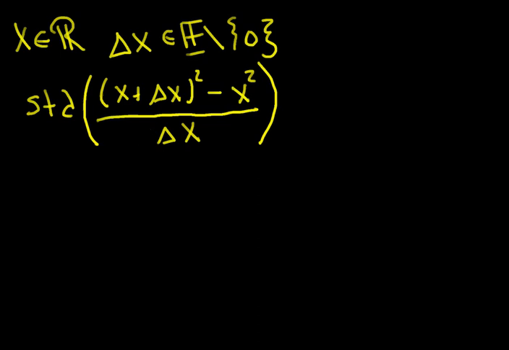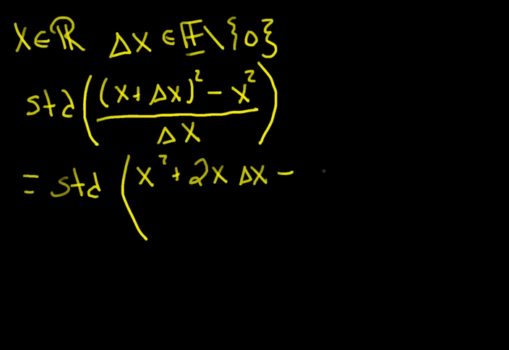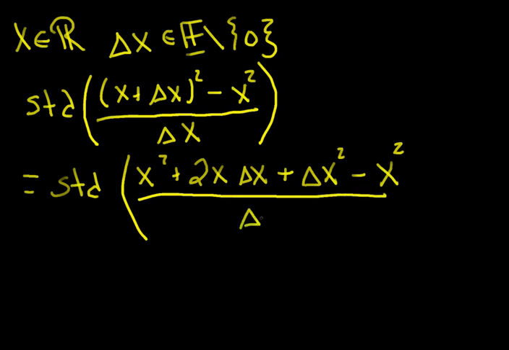So just like before, I'm going to have to do the algebra inside. And so this is the standard part. So I can't distribute yet, but I'll multiply this out. So this is x squared plus 2x delta x plus delta x squared minus x squared, all divided by delta x. And that can get my x squared and minus x squared, they cancel out.